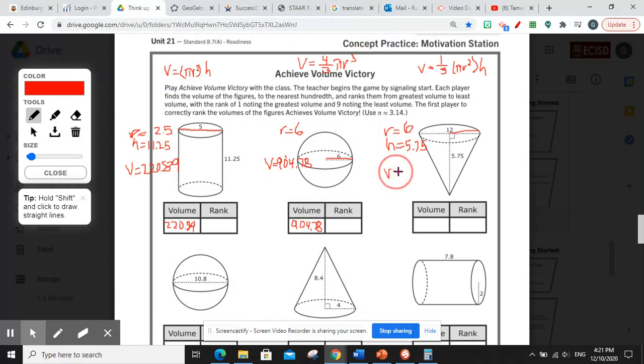So my volume is 216.77. And so when I go in here, I'm going to write 216.77. Okay. And that's it. I just did an example of each one. I'm just identifying which formula I'm using, identifying my radius and my height, and then just plugging it into my calculator. And that's all this is.